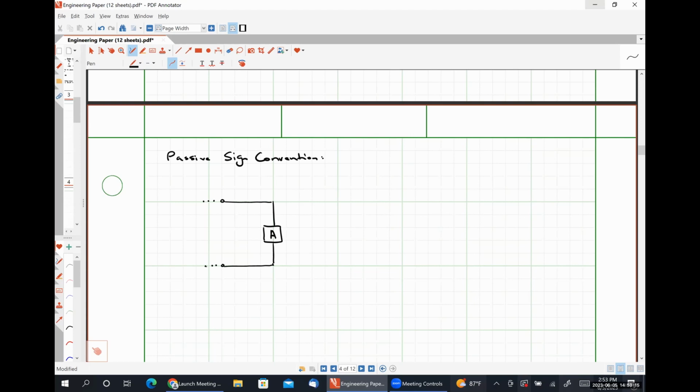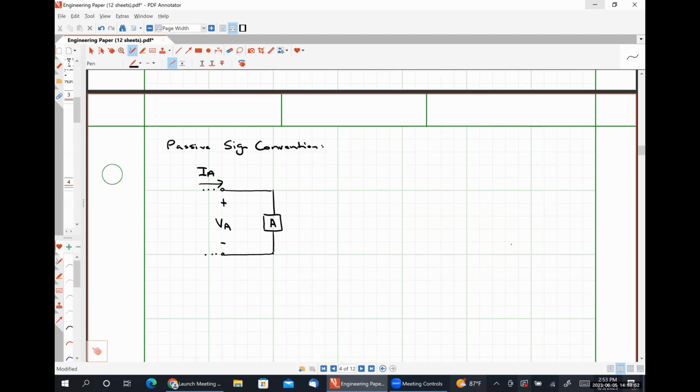So that's what these ellipses here mean, that this element A is connected to some external circuitry in some way, shape, or form. How that connection occurs isn't particularly important here, okay? I'm going to define the voltage drop across element A as having its positive polarity on top. And I'm going to define the current that's flowing through element A as flowing into the positive polarity terminal.